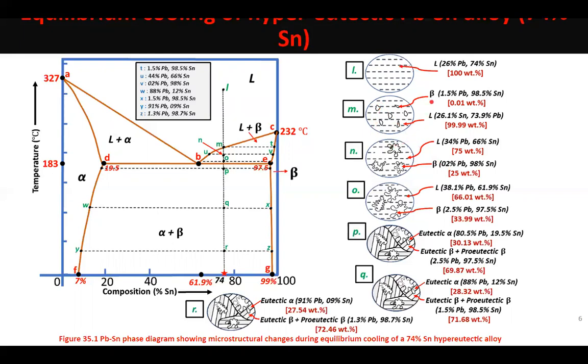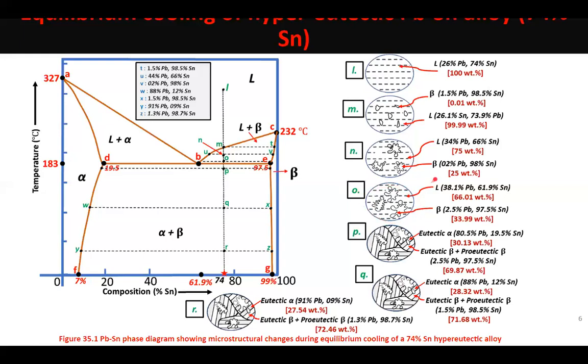Chemical composition of both the solid phase as well as of the liquid phase has changed, and so has their relative amount. As the cooling proceeds and we reach from point N to a temperature corresponding to point O, we are just on the verge of reaching the eutectic temperature. This is a very important temperature, but before we discuss, let's see the microstructure at this temperature.